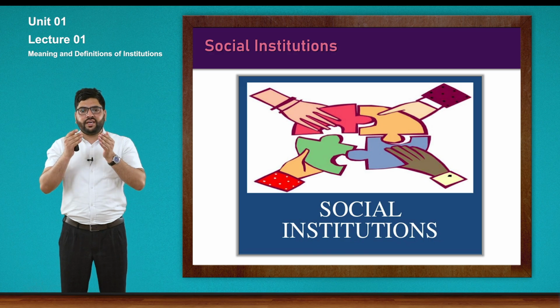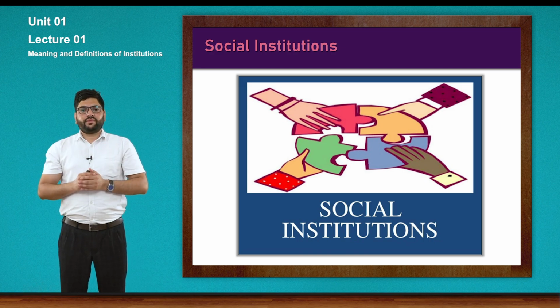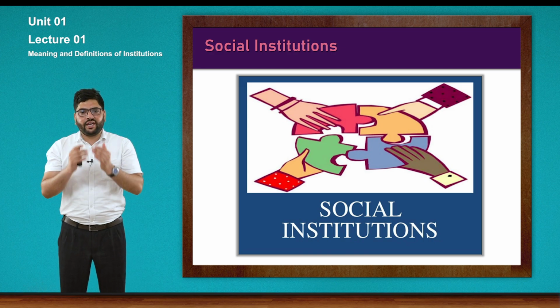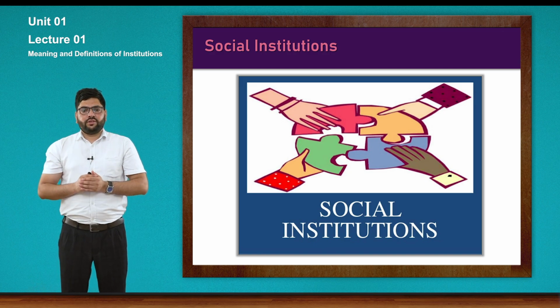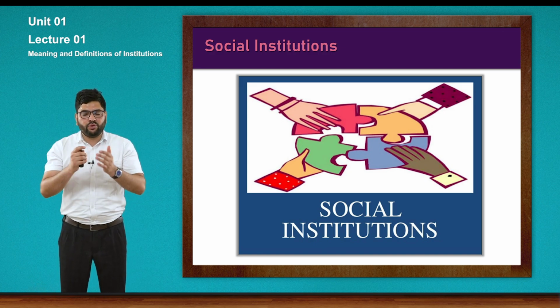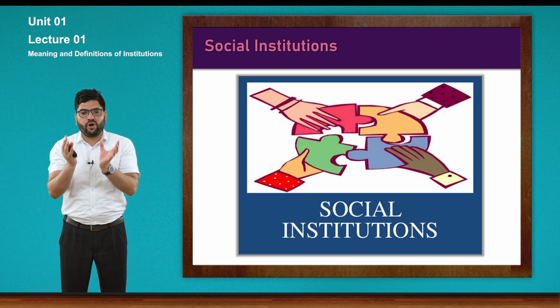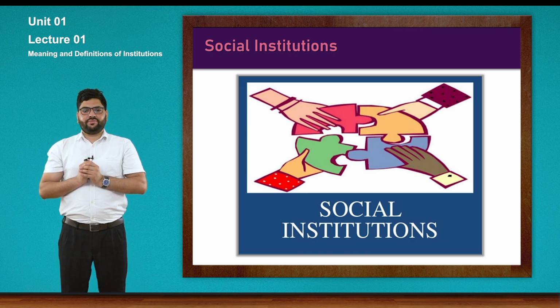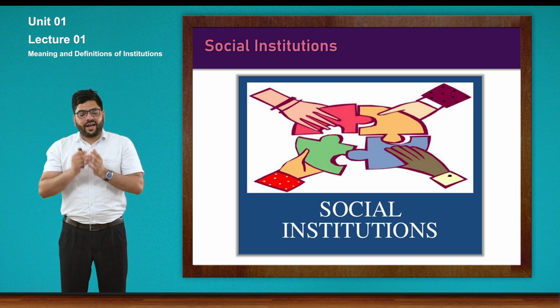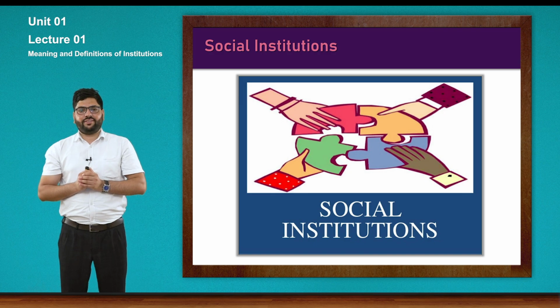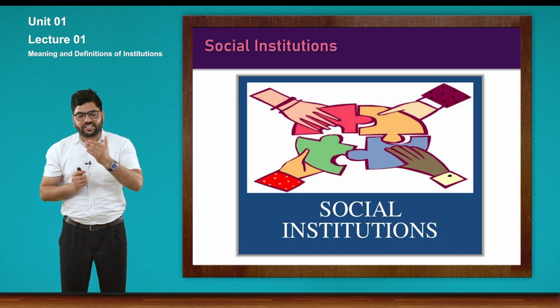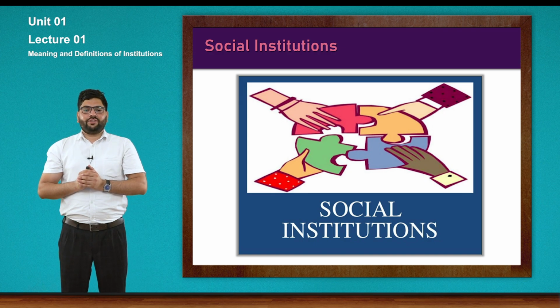So with the combination of beliefs, norms, values, and social interactions, in a collective way, when these four combine with each other, they form regulated and patterned behavior. That is very important when we are discussing the subject of social institutions.